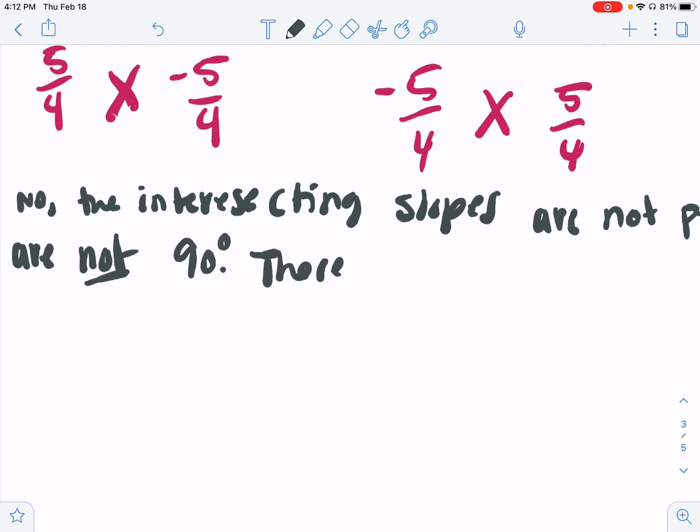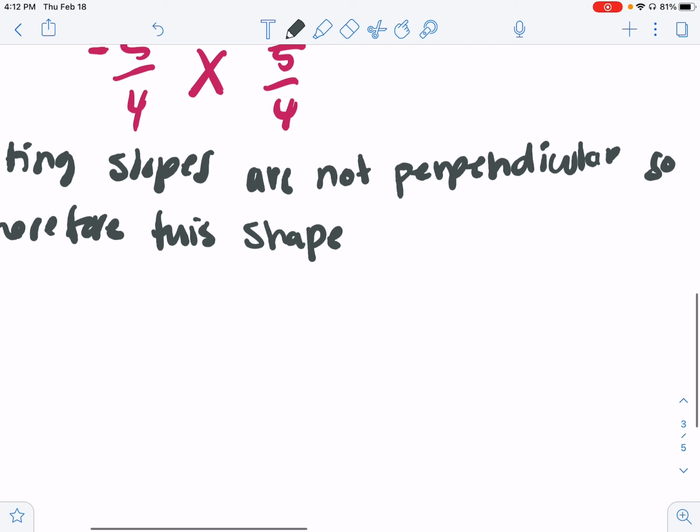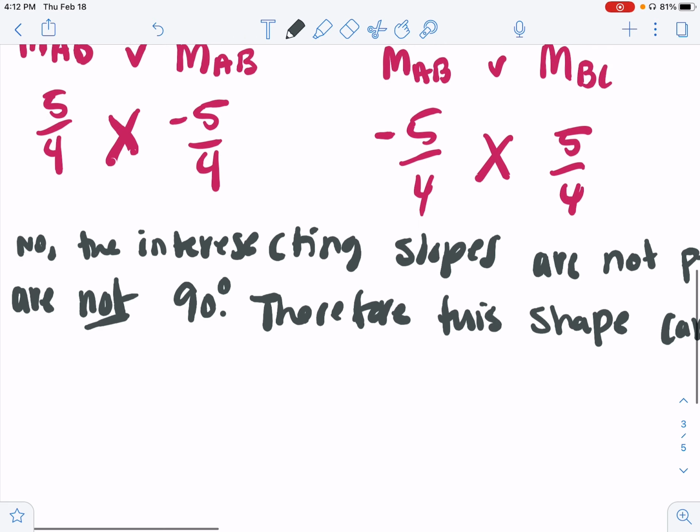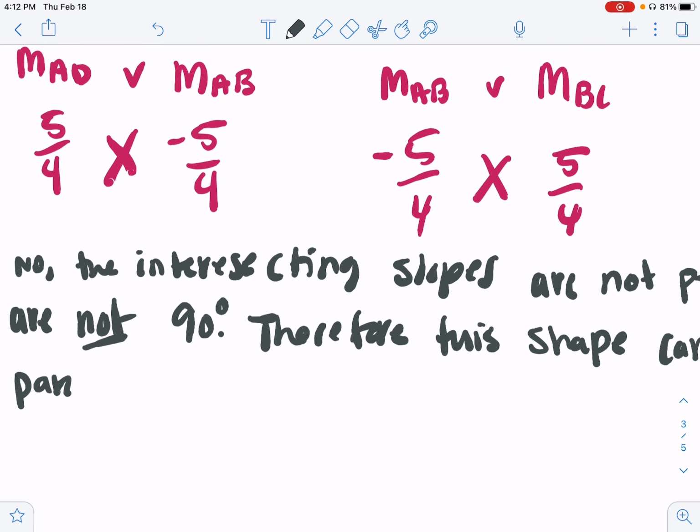Therefore, the shape can only be a parallelogram or a rhombus.